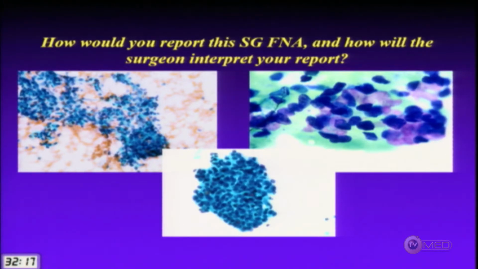Here's an alcohol-fixed smear, here's an air-dried smear, and here's a liquid-based thin prep of the sample. So it's one of these basaloid neoplasms. This is probably one of the most difficult areas of salivary gland cytopathology. How are you going to report it?